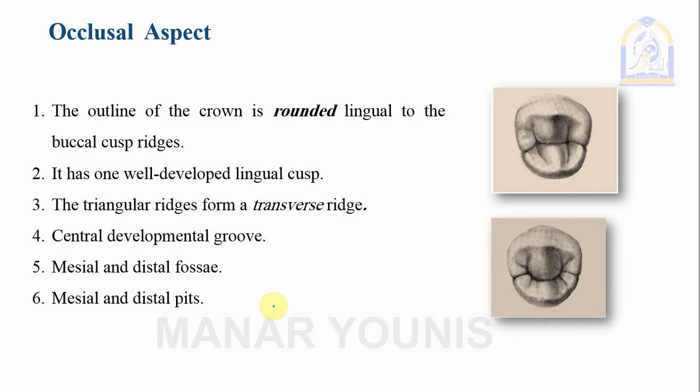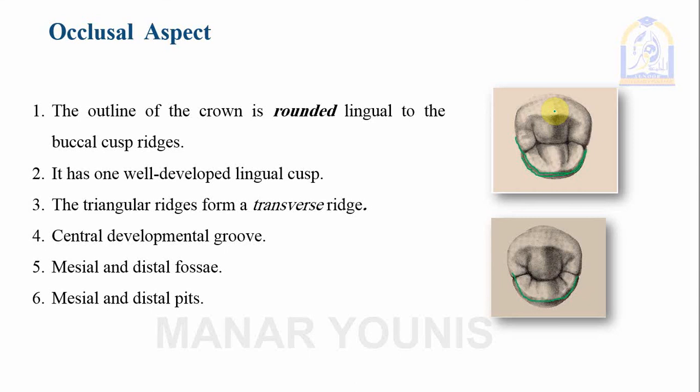In the two cusp type, the occlusal outline is characterized by being rounded lingual to the buccal cusp ridges. So the outline would be rounded, and there is lingual taper of the crown, or lingual convergence. It has two cusps, the buccal cusp and the lingual cusp, which are well developed and directly opposite to the buccal cusp.